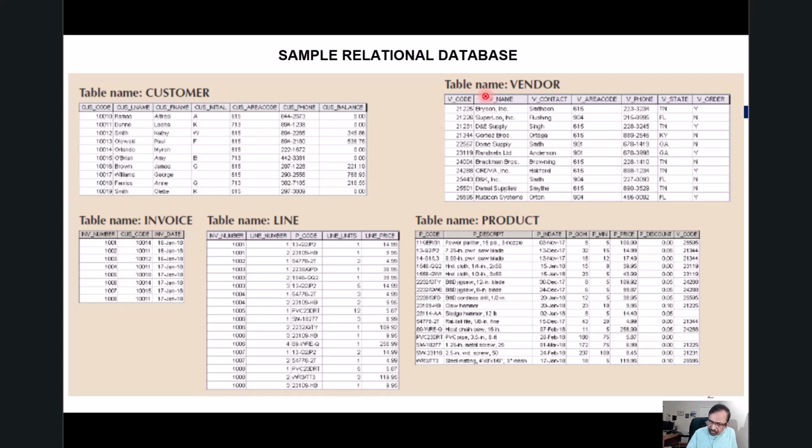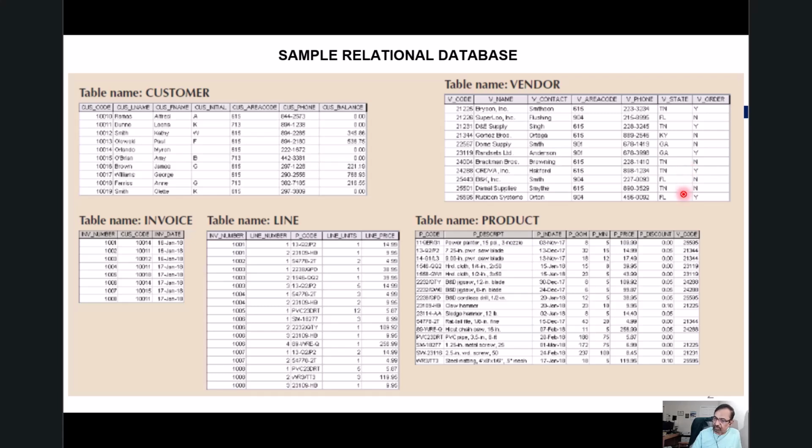Another example of a very simple retrieval you might want to do, just from one table, is to list all the vendors who are from Tennessee. Tell me who are all my vendors from Tennessee. You can see there's one vendor over here, another vendor here, 1, 2, 3, 4, 5.